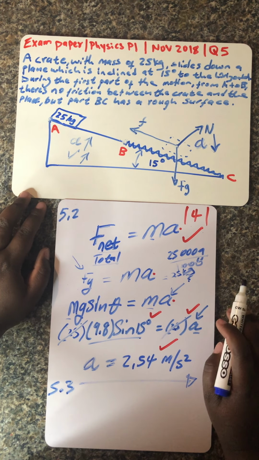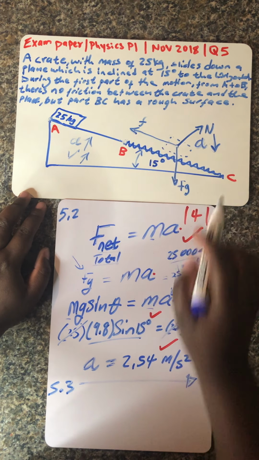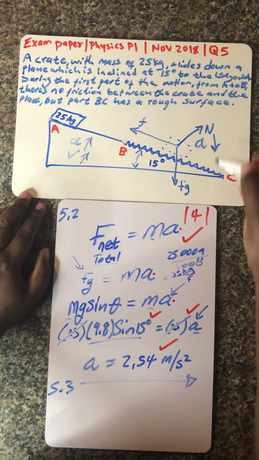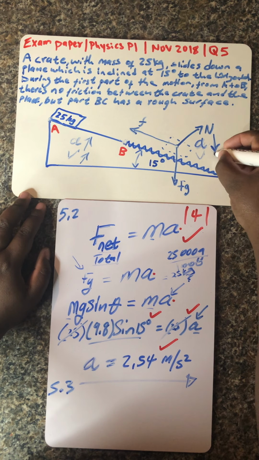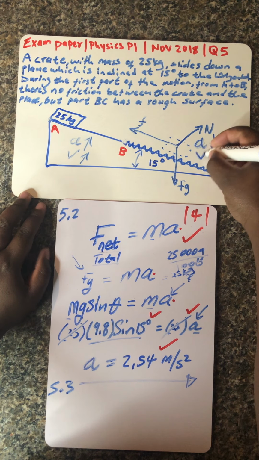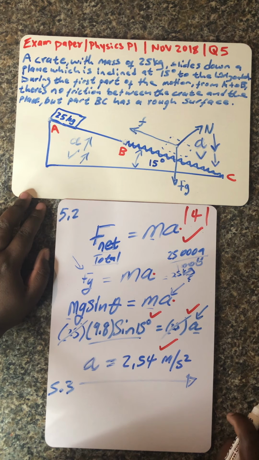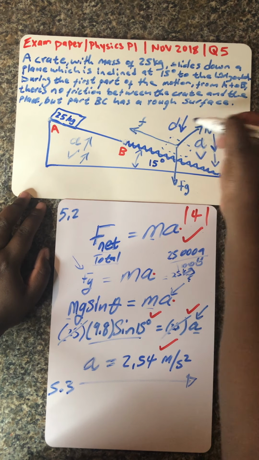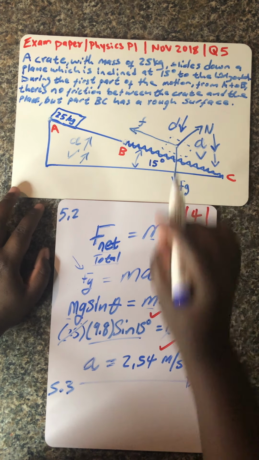There's a force of friction between B and C. What does it mean in terms of its velocity? Its velocity is also decreasing. Okay, so guys, this is where we now have a deceleration, which should be the opposite of acceleration.